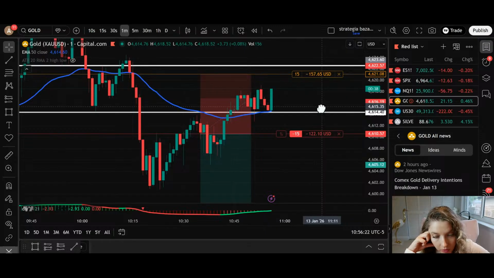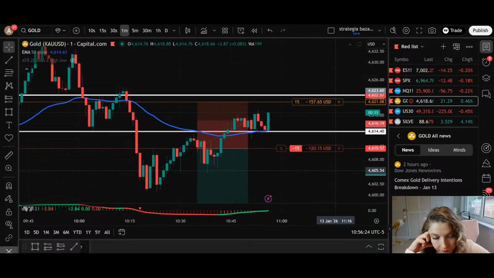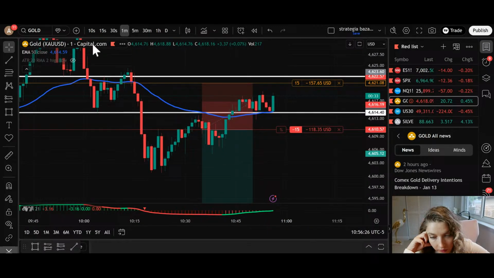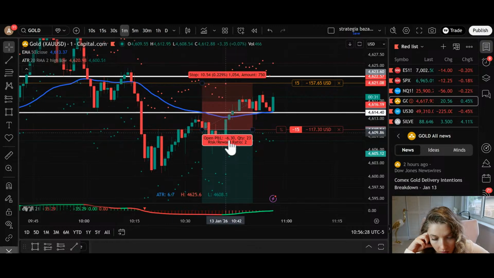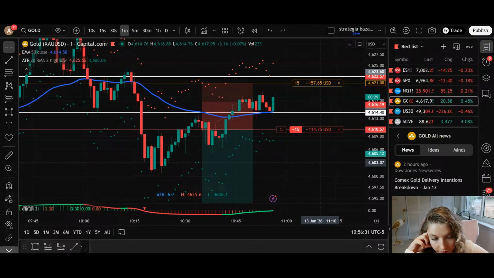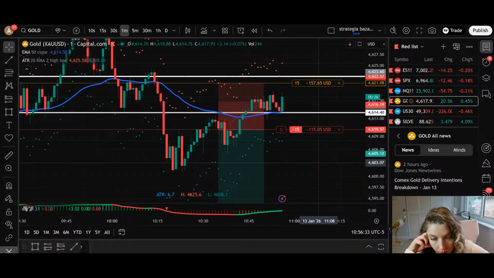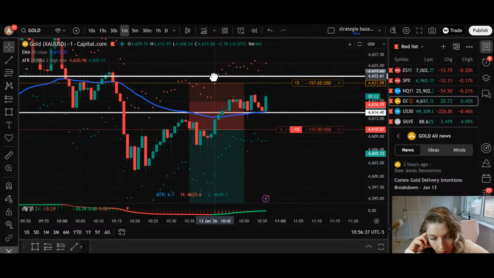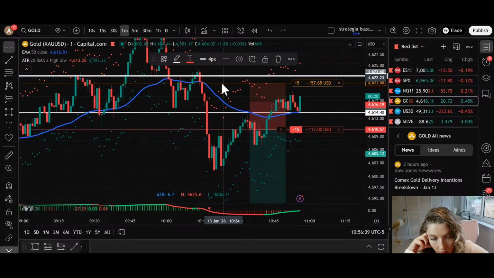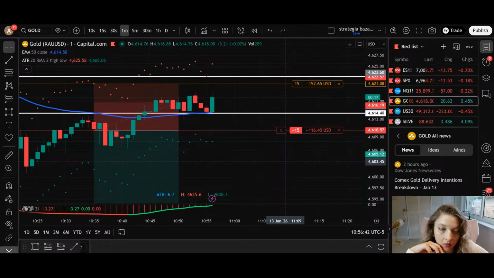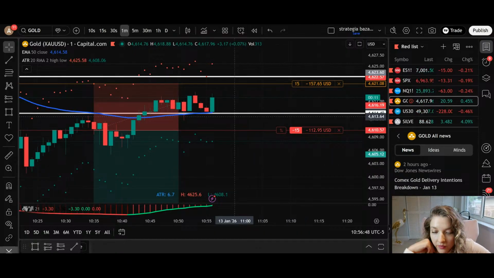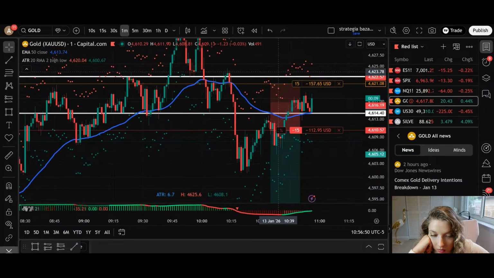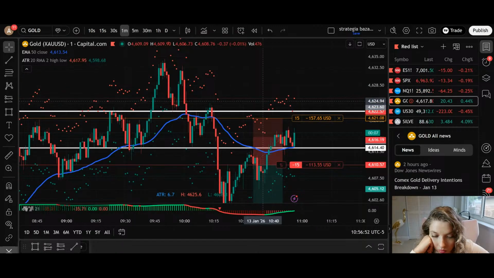I put my stop loss on gold, so does it match my ATR? Let me see. Yeah. Probably I should put it just above the white line, the stop loss. Just right here.